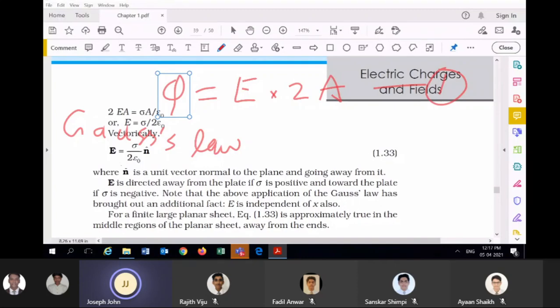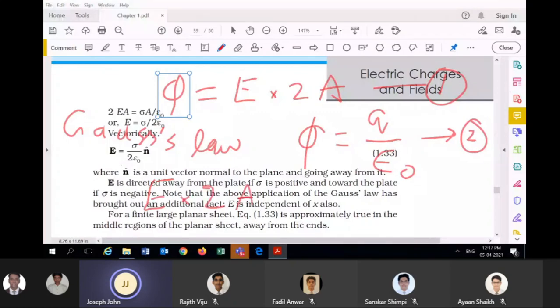Next, according to Gauss's law, all of you know that? Phi is equal to what? According to Gauss's law, phi is equal to Q by epsilon naught. Equation number 2. So, from 1 and 2, E into 2A equals Q by epsilon naught.